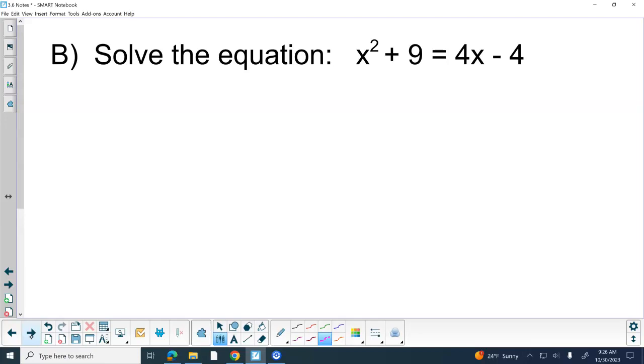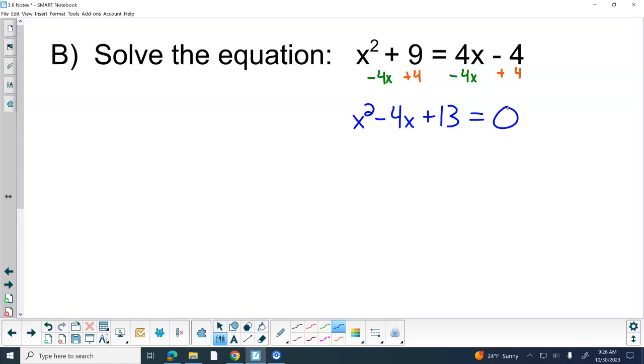Okay? So then in this particular case, I'm going to have to get everything onto one side, or some people might say set it equal to 0. Okay. So now we got it equal 0.